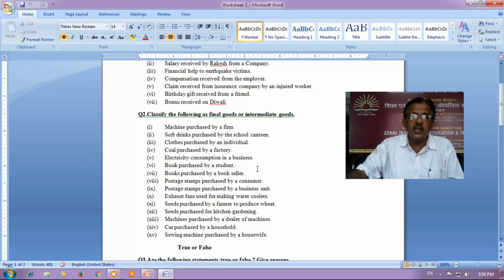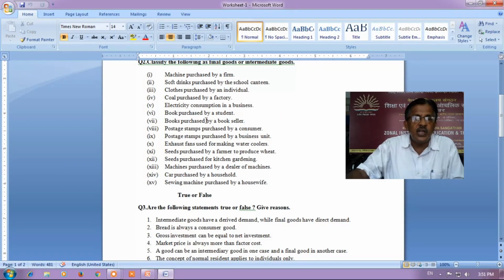So these are the intermediate goods. And already I have discussed which items are included in final goods.